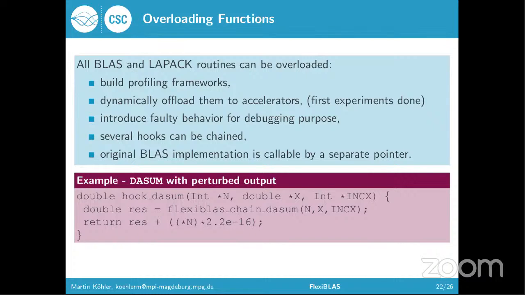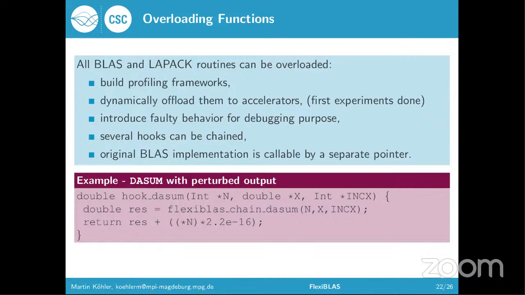But for what kind of problems did we include this? The first thing is you can build easy profiling frameworks, like measuring runtime, counting how often the function is called, without doing this -g or -pg stuff when compiling the code.